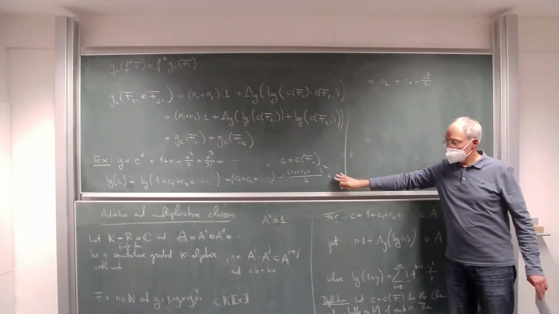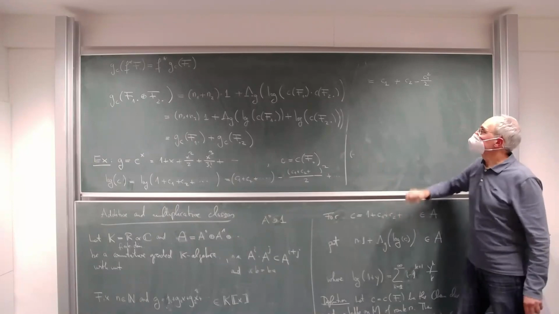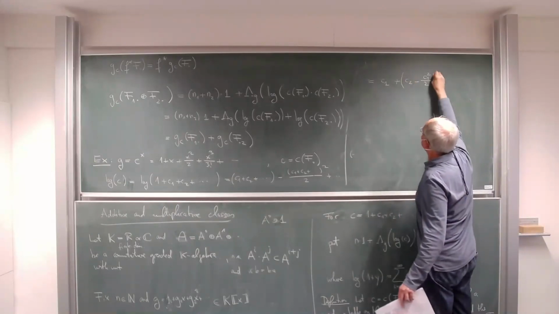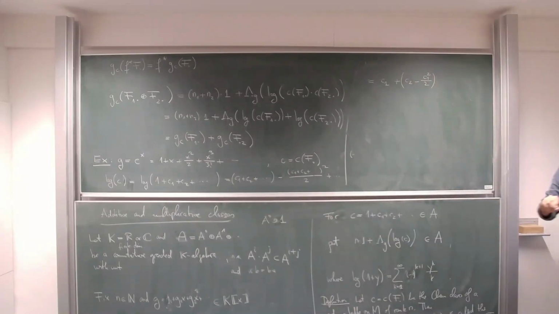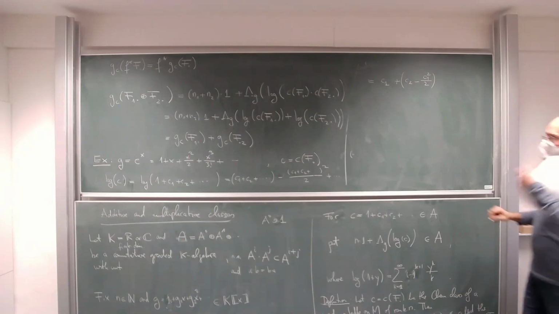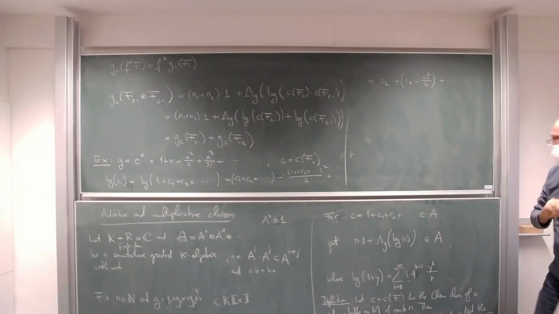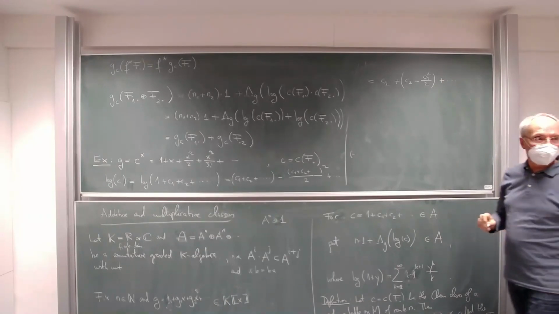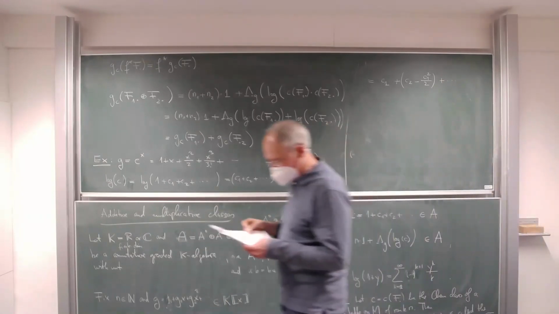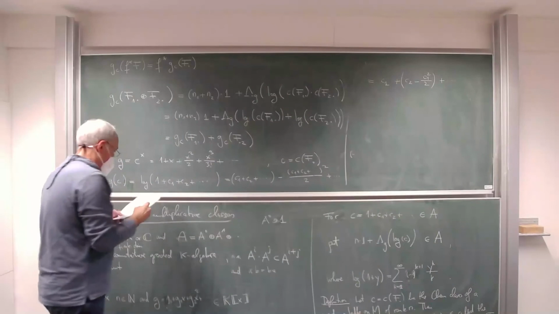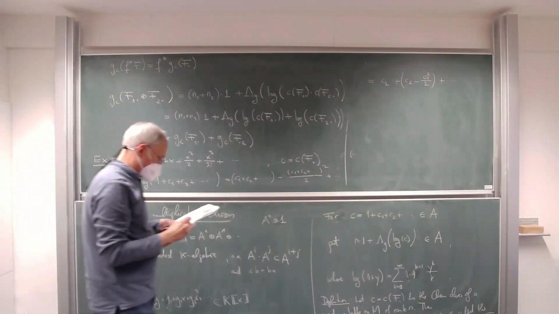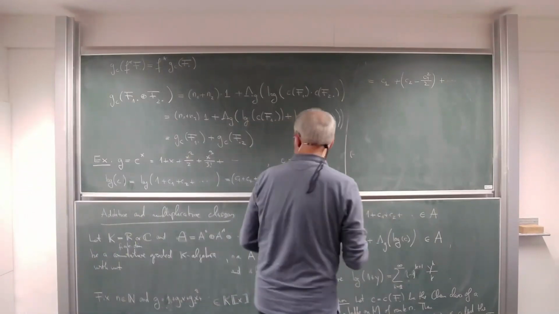And the remaining terms are at least of degree 3, etc. So that's my degree 2 part, plus higher terms, which in principle we could expand as far as we want to go. Good. And well, so that's the logarithm.